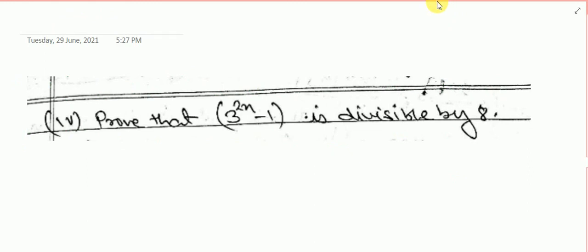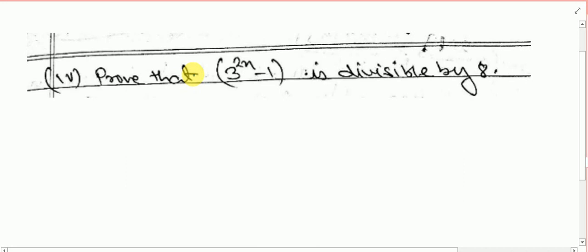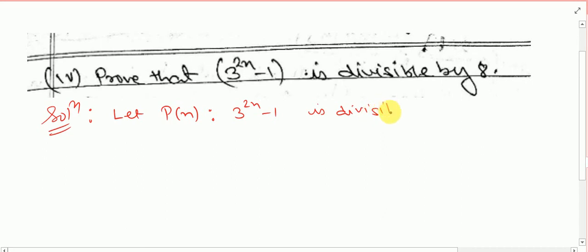Okay, now see the next question. So here it says prove that 3 to the power 2n minus 1 is divisible by 8. So, solution. Let Pn: 3 to the power 2n minus 1 is divisible by 8.